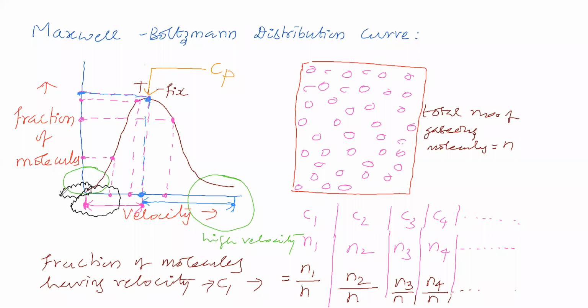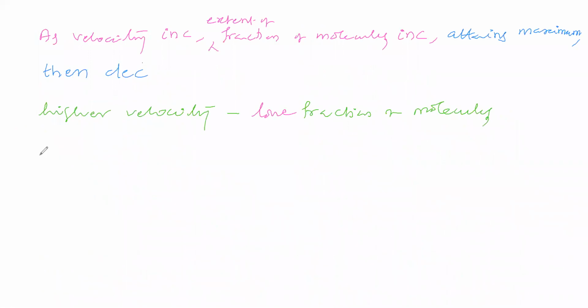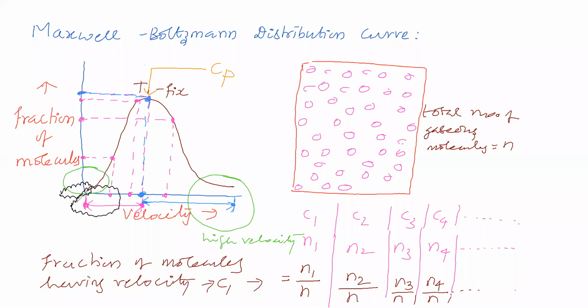Lower velocity is possessed by what fraction of gaseous molecules? This is the lower velocity. Compare this fraction with the other velocities.